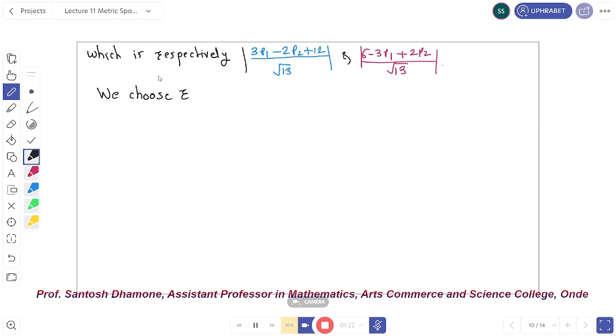Therefore, modulus of y1 - p1 is less than r. This implies that -r < y1 - p1 < r, so p1 - r < y1 < p1 + r.